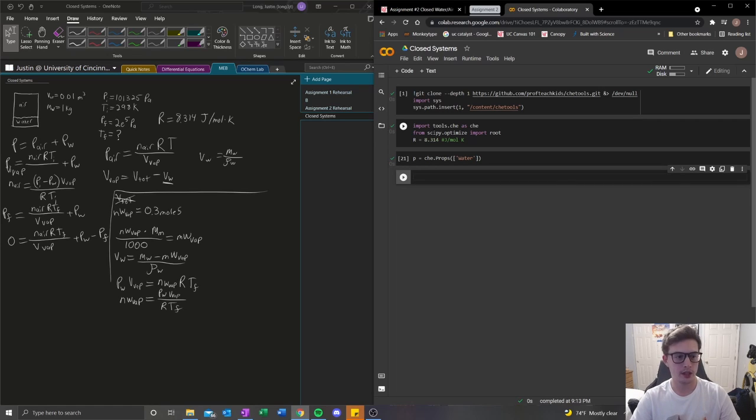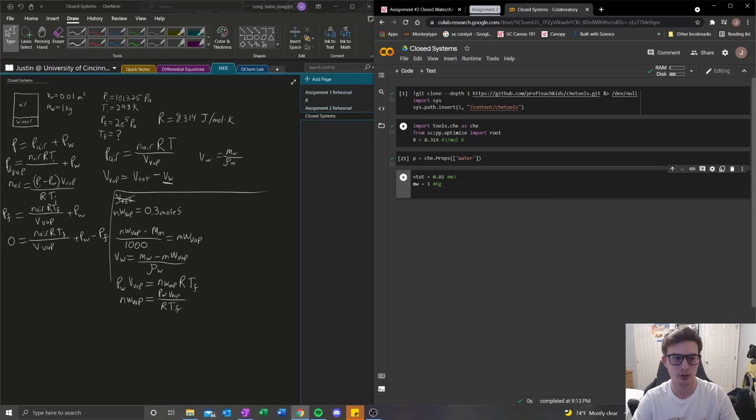And so I'm going to define our initial conditions. We've got the total volume, 0.01, in meters cubed. We've got the mass of water, which is equal to 1, in kilograms.